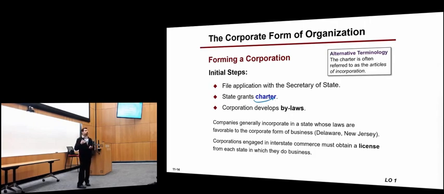Even if they do business in California, for example, but New Jersey's laws are more favorable to them, they will incorporate in New Jersey. They will have to acquire a license for every state where they operate. So in every state the company operates, they will have to acquire a license. However, they are only incorporated in one state.